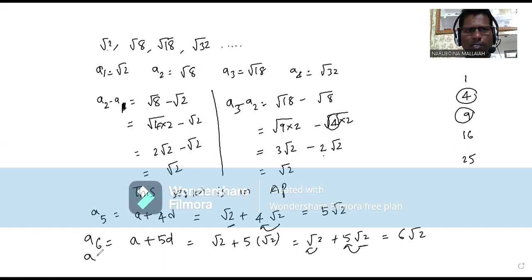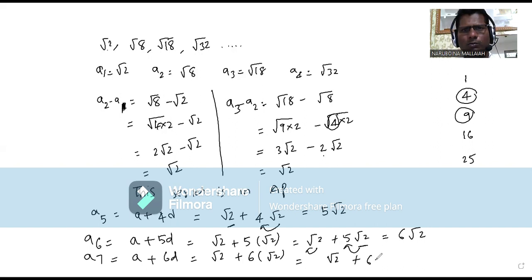Finally, the seventh term: A plus 6D. A is root 2 plus 6 into root 2, 6 root 2. Here 6 root 2s, here 1, so totally 7 root 2s. Okay, A5 we got, A6, A7.